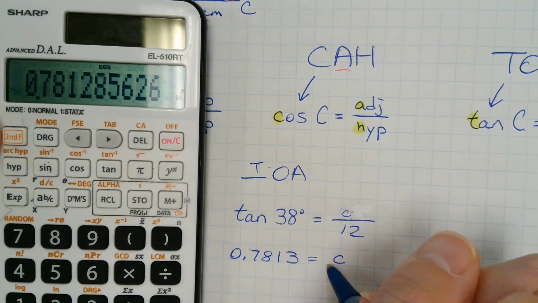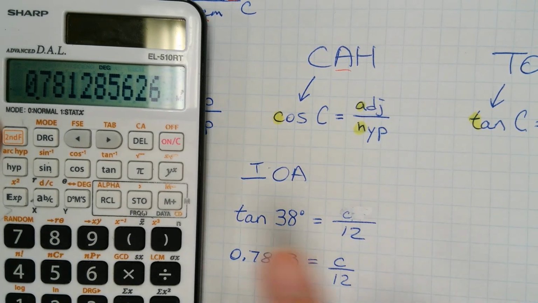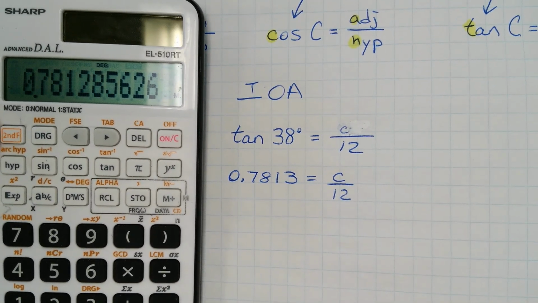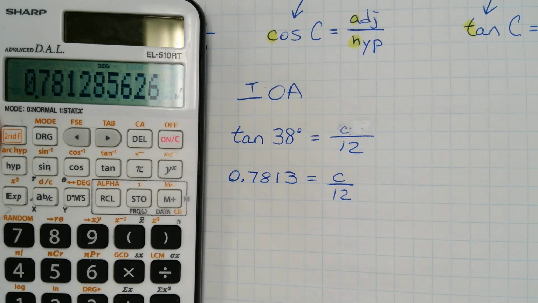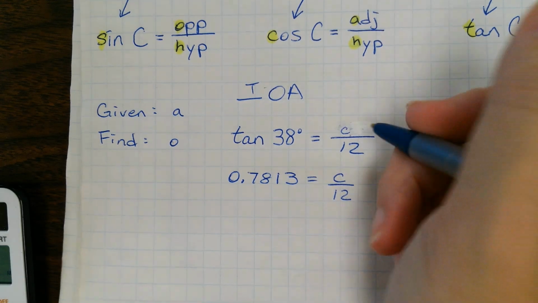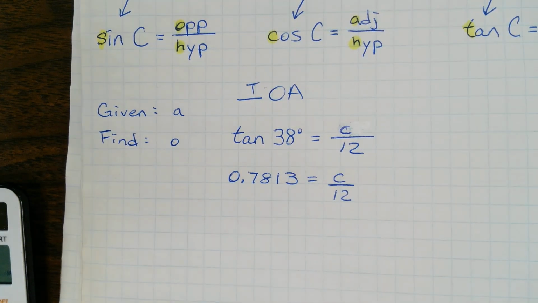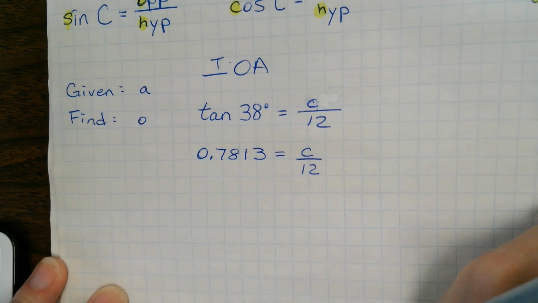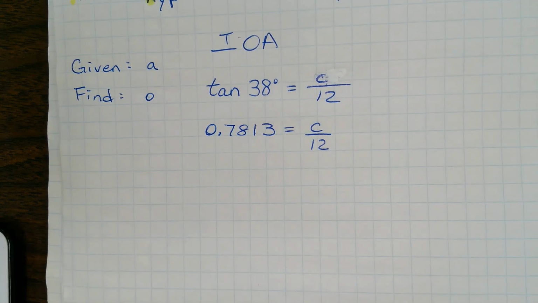If you don't write 4 decimal places, you're going to get a rounding error. And remember, you only want to round in your final answer.